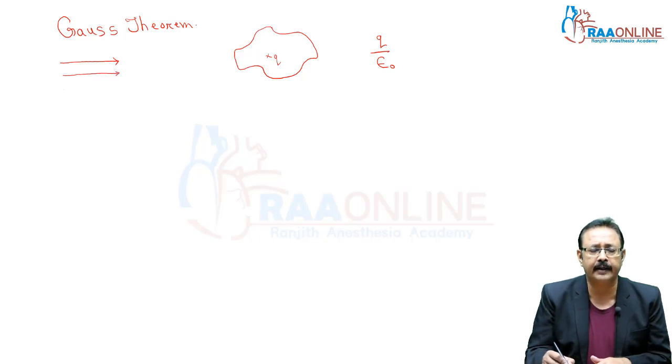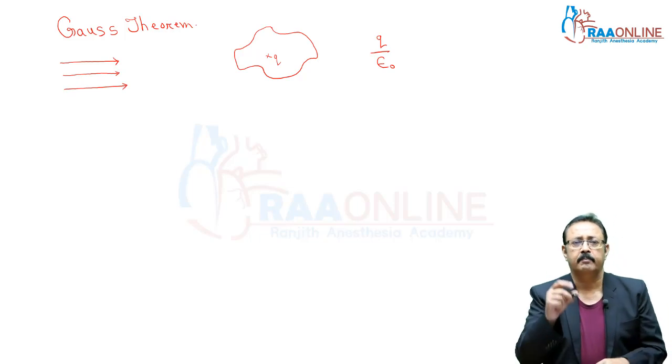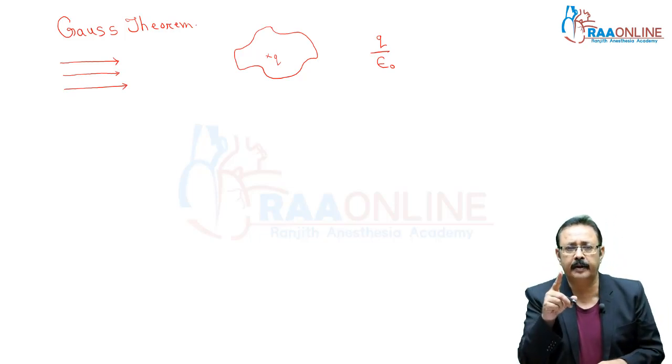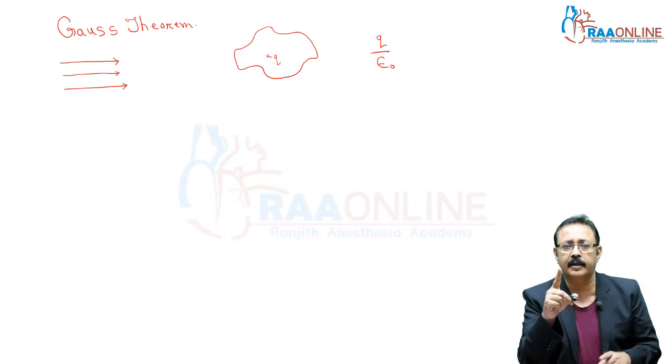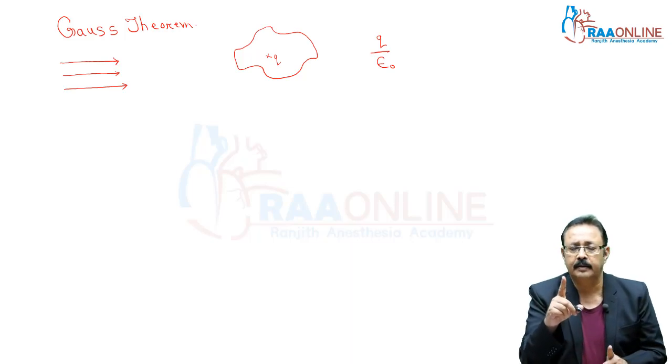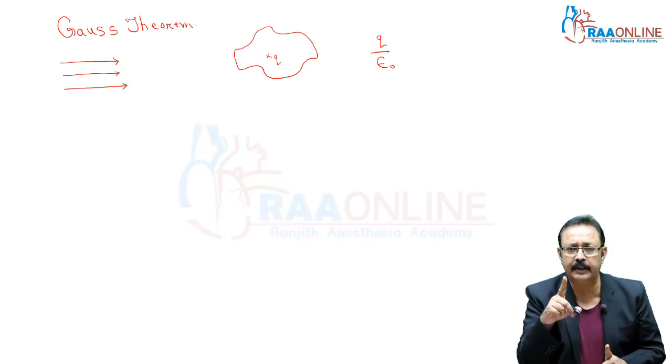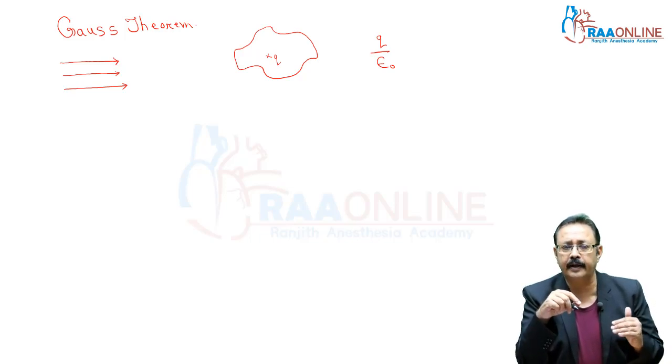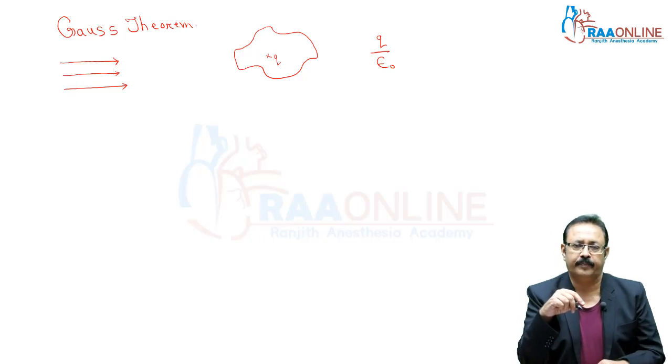What are electric lines of force? The path taken by a unit positive charge in that electric field is known as an electric line of force.